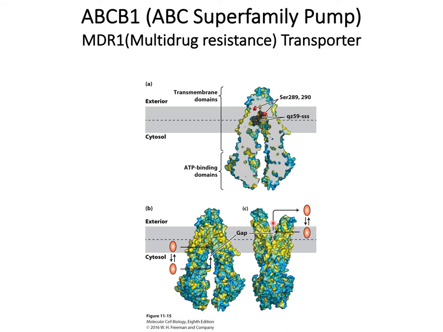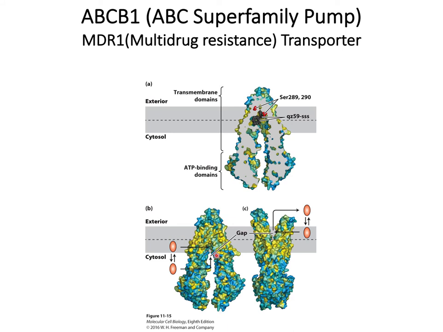So if the ligand is hydrophobic, it partitions into the inner leaflet of the membrane, and it will move into the binding pocket of the ABCB1, where it interacts with the hydrophobic aromatic side chains of tyrosine and phenylalanine, which are in the yellow portion of the cavity. Right here, you can see that. In contrast, if there's a hydrophilic ligand, it can directly bind from the cytosol. It doesn't need to be partitioned in the membrane.